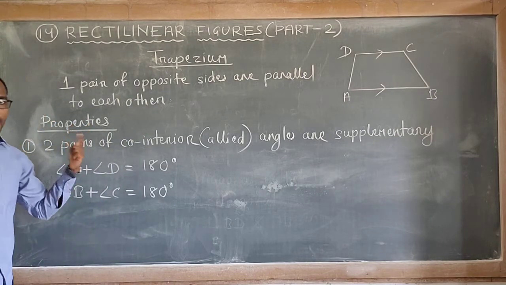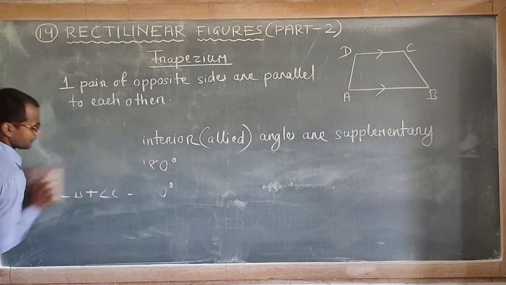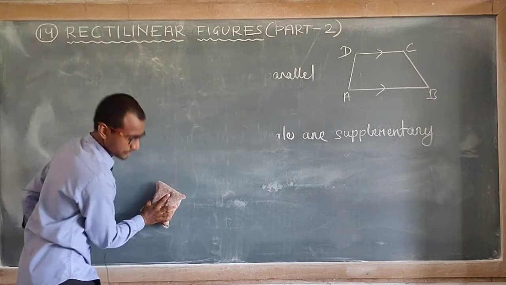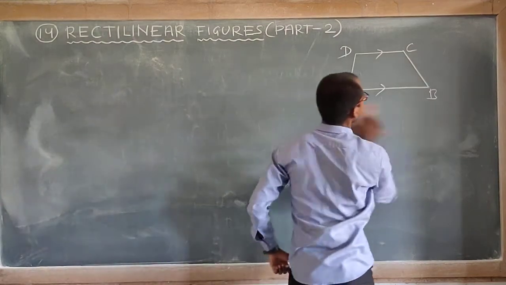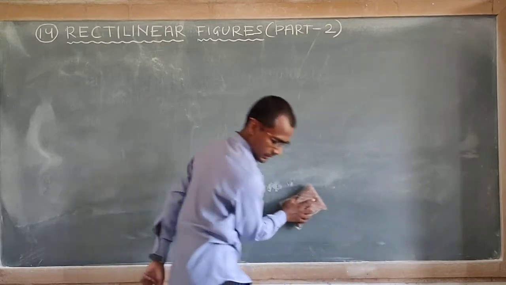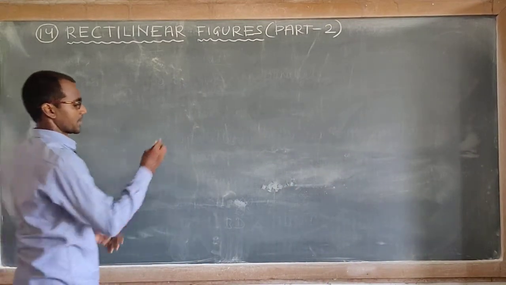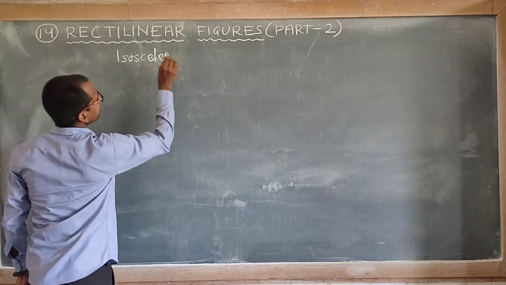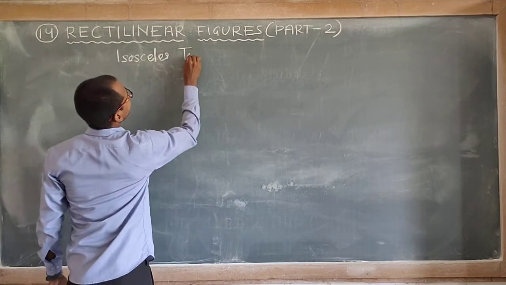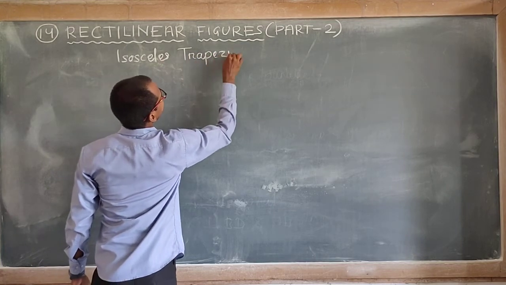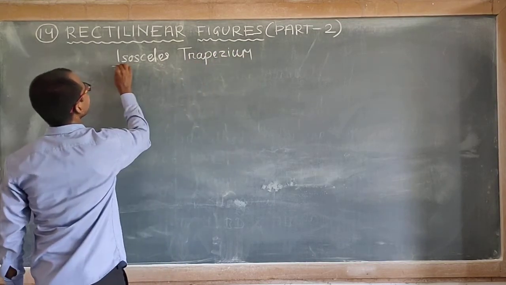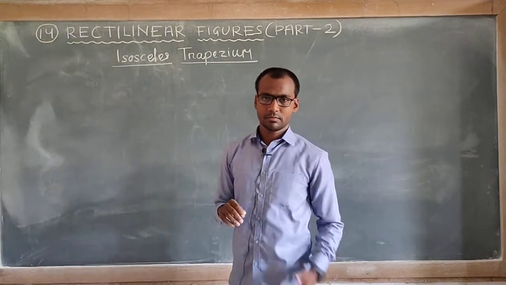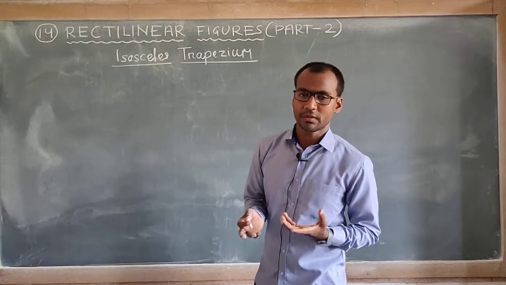Now let us move to isosceles trapezium. Next is isosceles trapezium. Now it is also a trapezium, okay, but it is a little special.